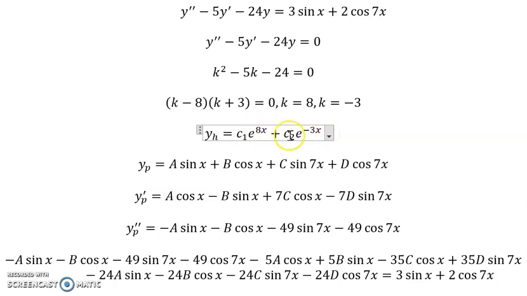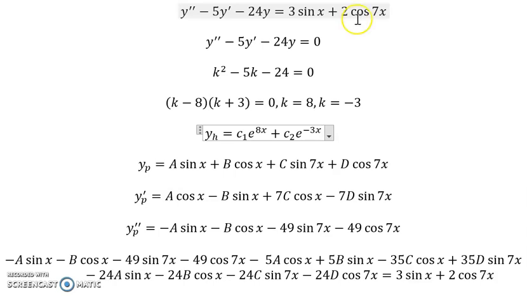Now, if we were doing variation of parameters, we would need this to go into our formula, but all we want to look at right now is, do the solutions to the homogeneous portion have any relationship at all to the forcing terms? If they don't, then we make a guess based on just the forcing function.